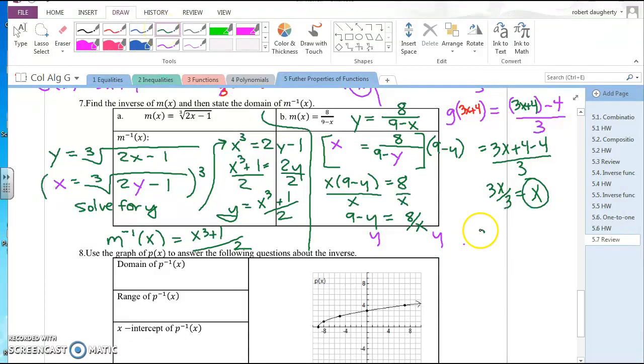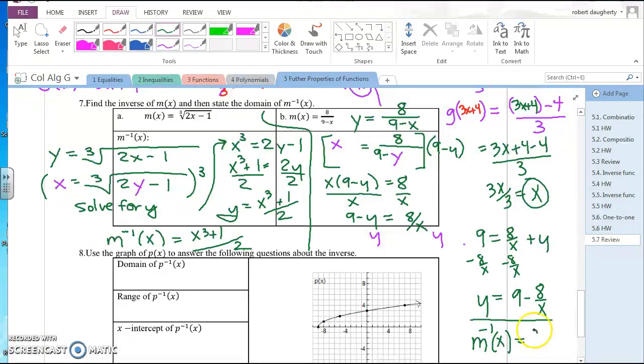So now I get 9 equals 8 over x plus y. So minus 8 over x on both sides, and I get y is equal to 9 minus 8 over x. So my inverse is m inverse of x is 9 minus 8 over x.